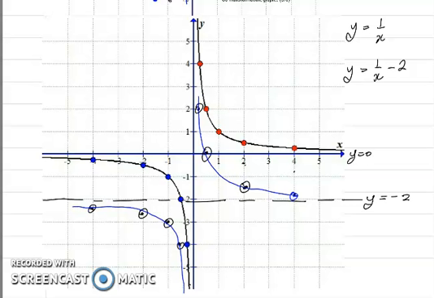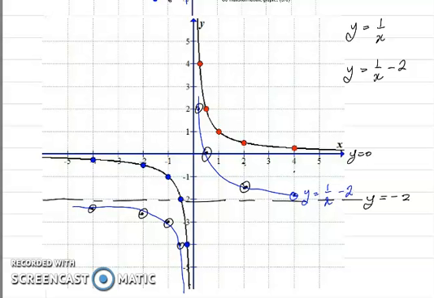So in other words, the top one that is black, all we did was move it to get the graph of, and this will become the graph of y is equal to 1 over x minus 2.